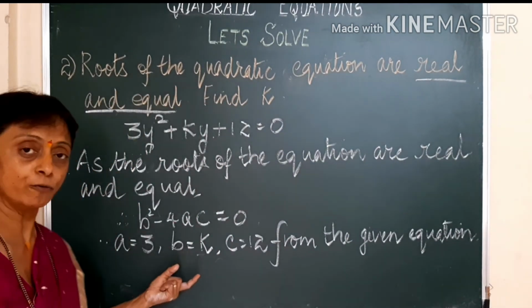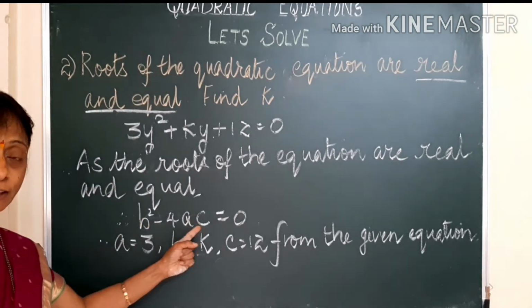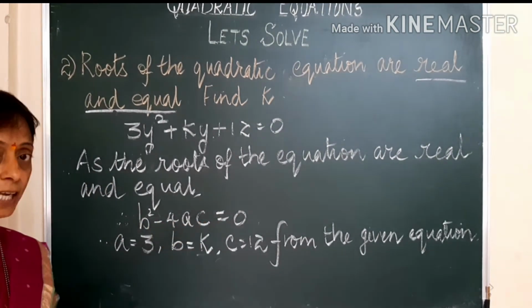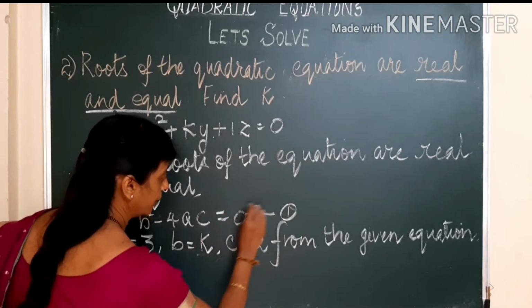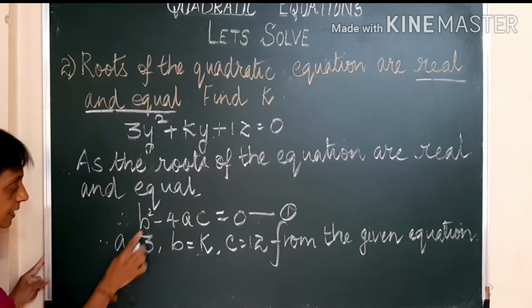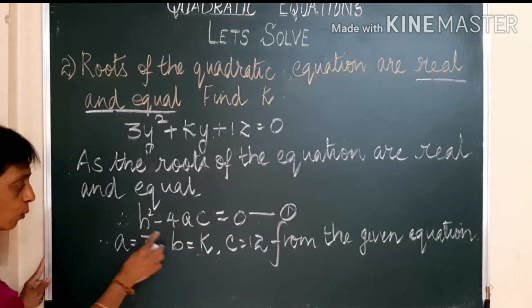Now let's proceed, children. We have to somehow find out the value of k. So what can we do? Let's substitute the values of a, b, c in the required form in this equation, in equation number 1. What do we get?